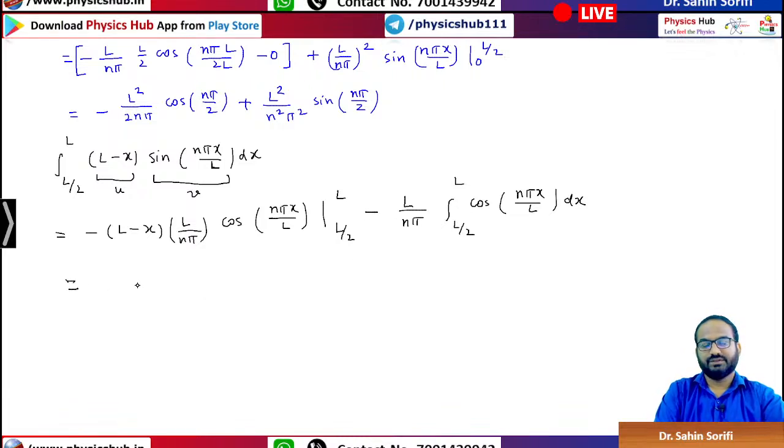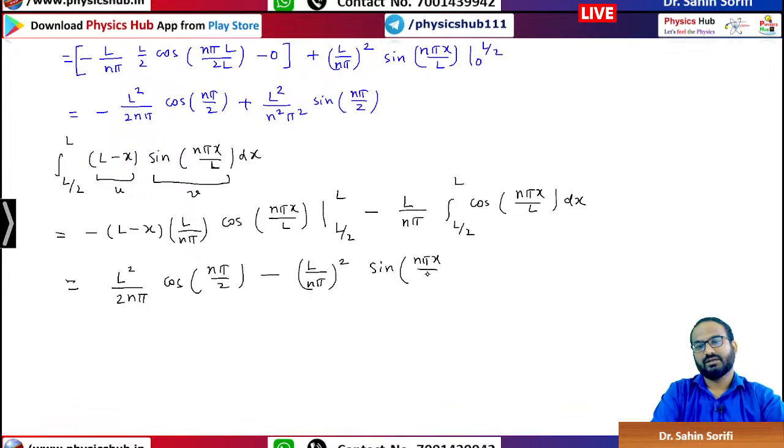And if you put x equals to 0, the first term is not coming. If you put x equals to L by 2, it becomes L square by twice n pi cos n pi by 2 minus L by n pi whole square sin n pi x by L by 2, minus L square by twice n pi cos n pi by 2.